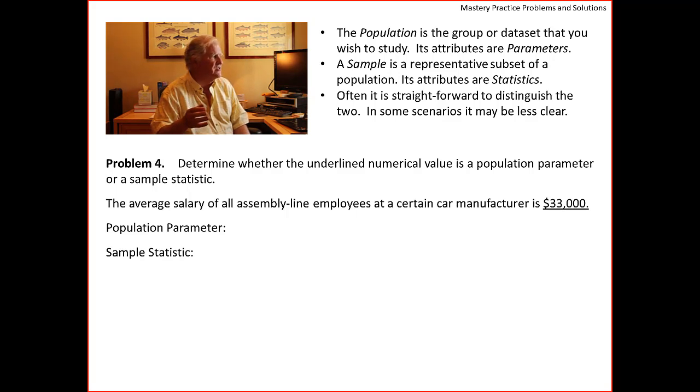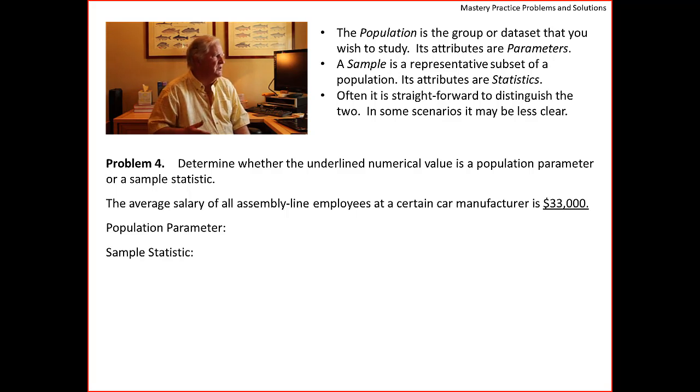So if that car manufacturer is interested in the average salary of the assembly line workers, then the answer is that the population is the assembly line workers. There is no statistic.